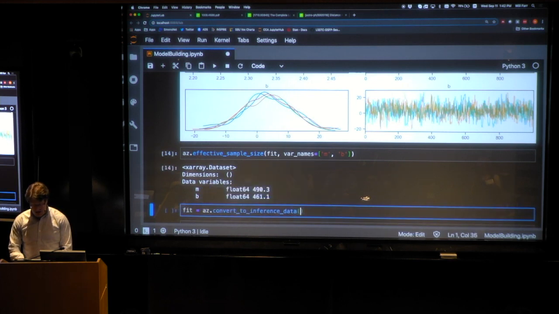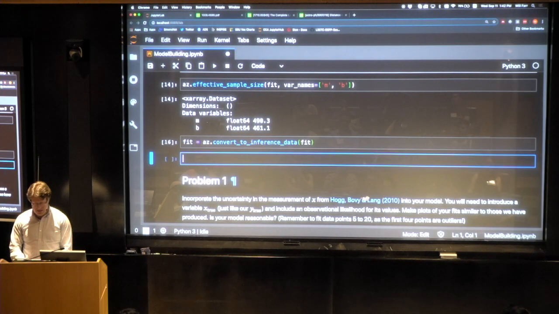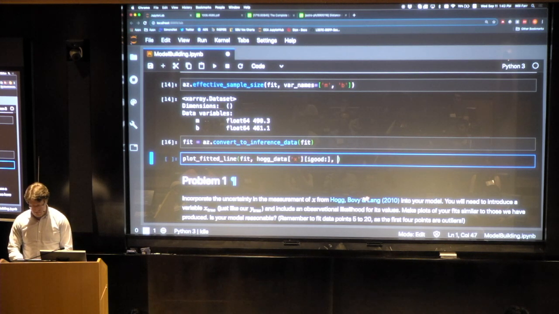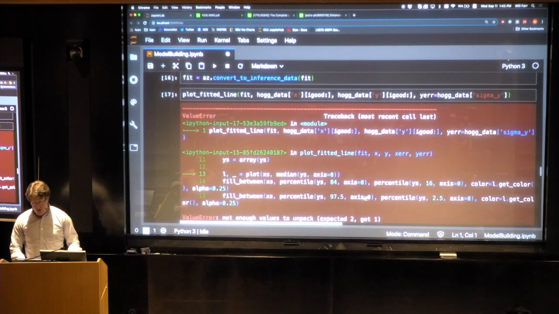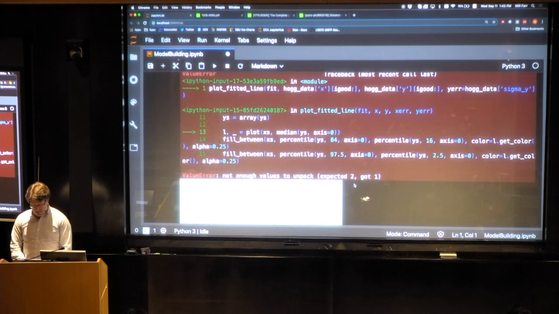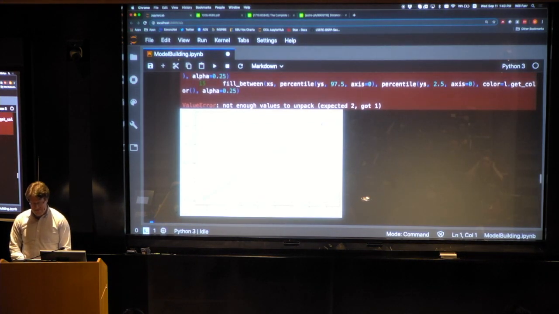First, I'm going to get the fit in a little bit more convenient format. There's a line. I like it.